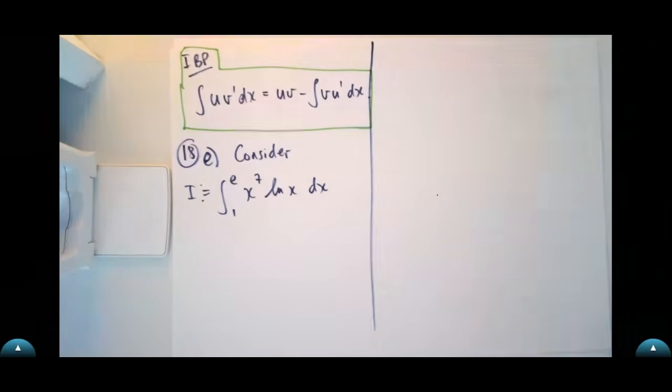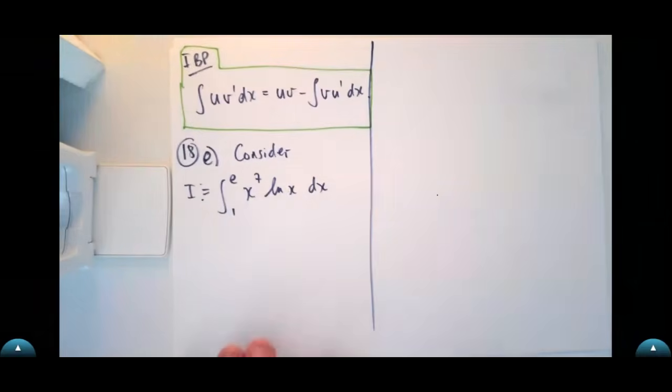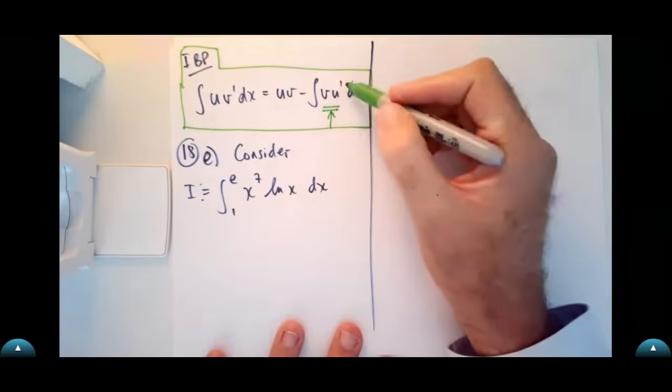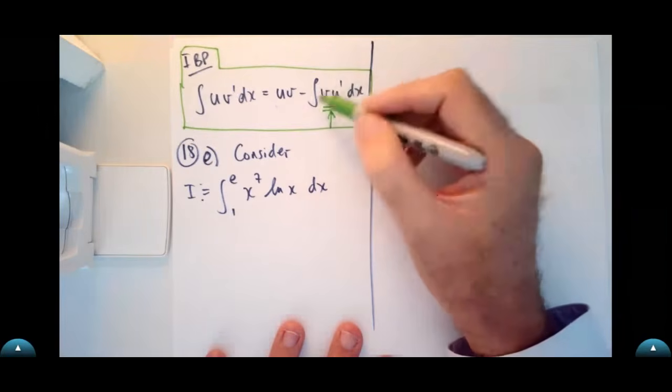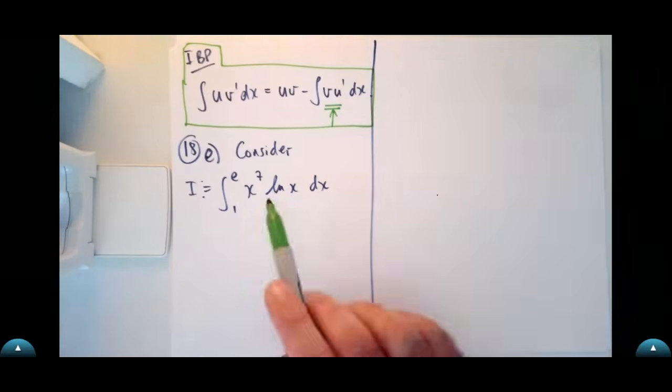So the question is, which one should I choose to be u, and which one should I choose to be v dash? The best explanation I can come up with here is that you want to make this integral simple. Even if you make the wrong decision, sometimes it doesn't matter, sometimes it does.